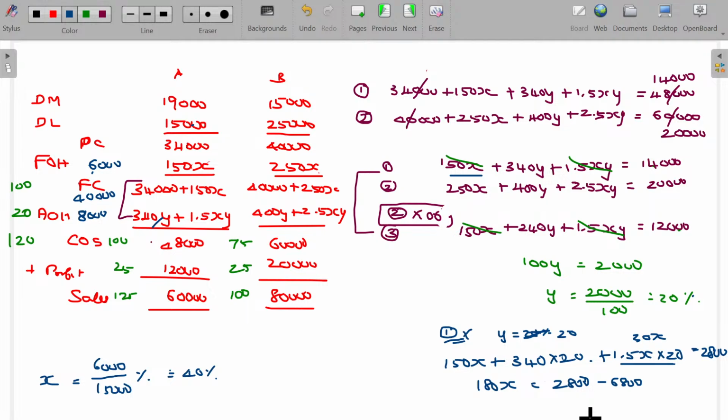This will be 14,000, sorry. Already I got this answer here, so I was very careless here. Okay. X is equal to 14,000 minus 6,800, 7,200 divided by 180. You get the same 40. Already I got this value, right? Okay. Hope you'll be now able to understand this one.